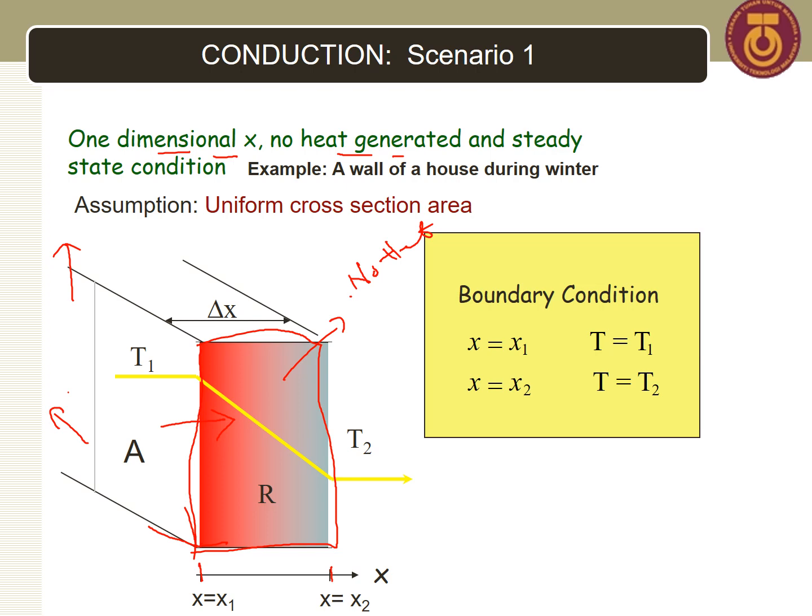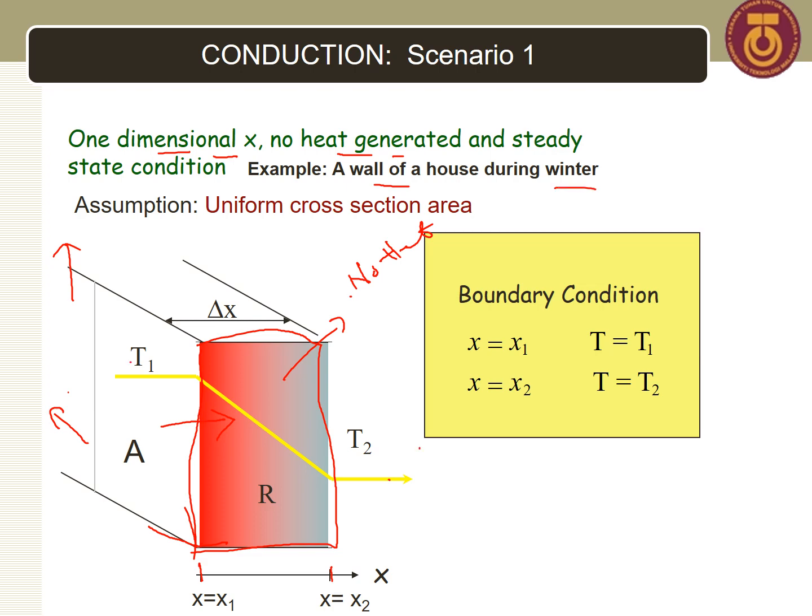A typical example that may suit this scenario is a wall of a house during winter. Here T1 is higher than T2, meaning the temperature inside the house is higher than outside the house because it's during winter.